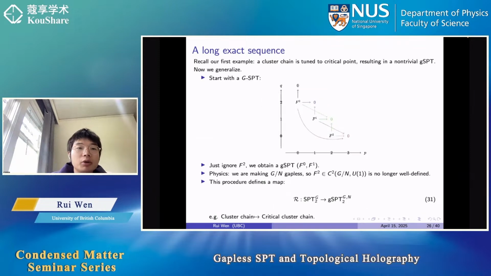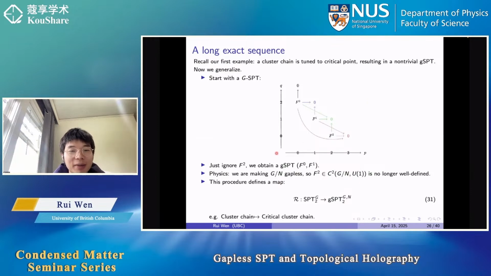Okay, so we recall our first example. We started with a cluster chain and we tuned that to a critical point, and we get a non-trivial gapless SPT. So now we generalize. Start with the gSPT, which I interpreted as 3 functions satisfying 4 equations, right? Now we just ignore F2. We just get rid of F2. We have F0 and F1. It satisfies the first 3 equations, and that's good enough.